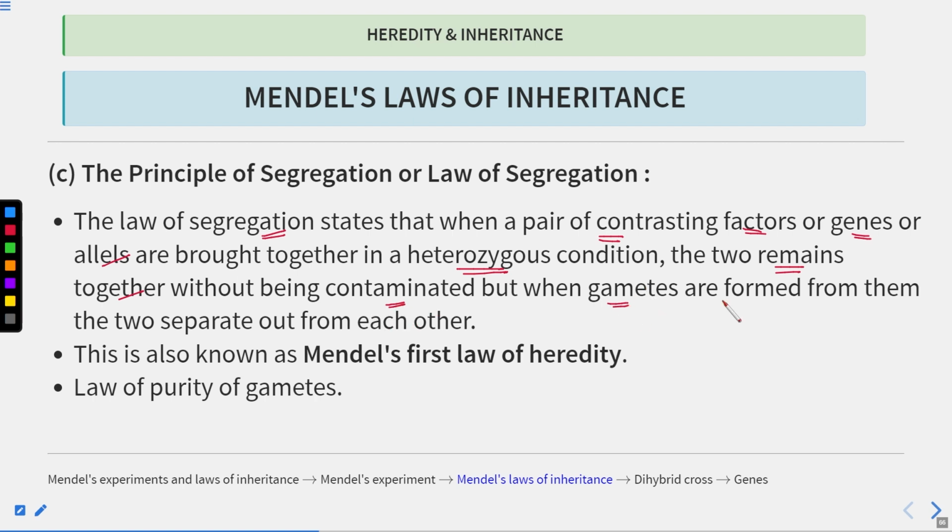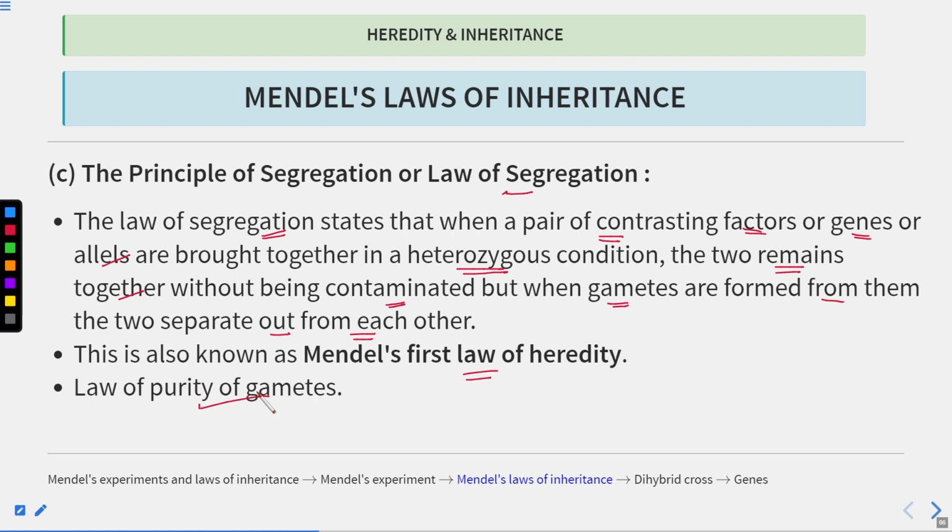But when the gametes are formed from them, the two separate out from each other. This is also known as Mendel's first law of heredity. The law of segregation is Mendel's first law of heredity. It is also known as the law of purity of gametes.